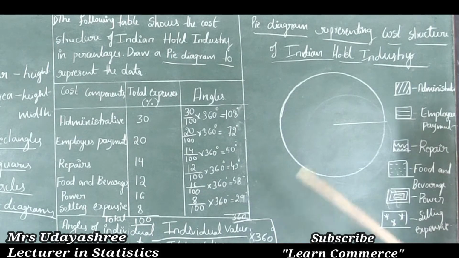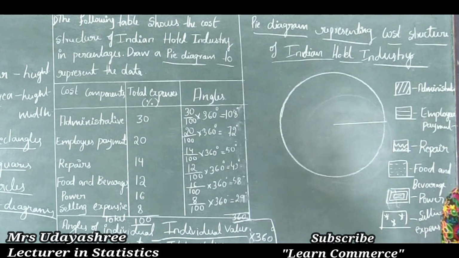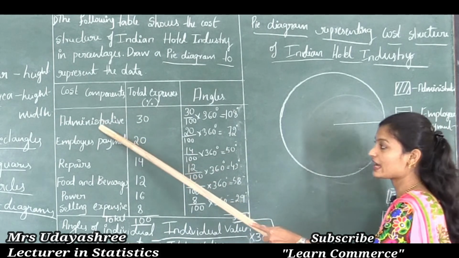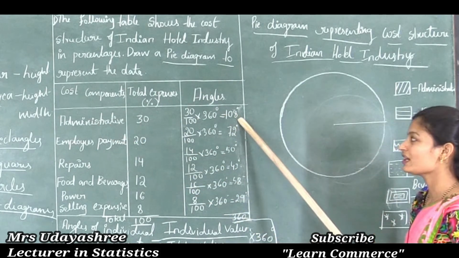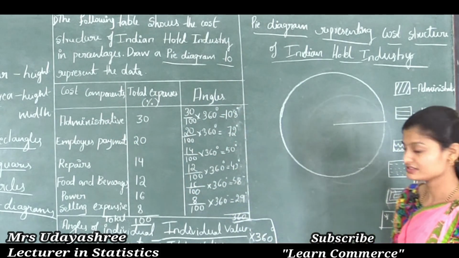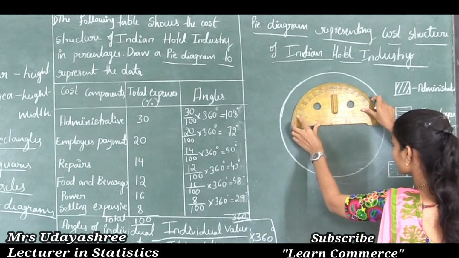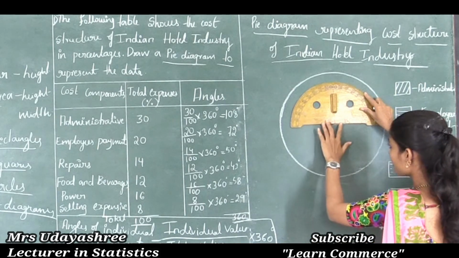Okay, now see, this is the radius. First I will do the angle for administrative. See, for administrative the angle is 108 degrees. So here I will keep this protractor like this, from this point.